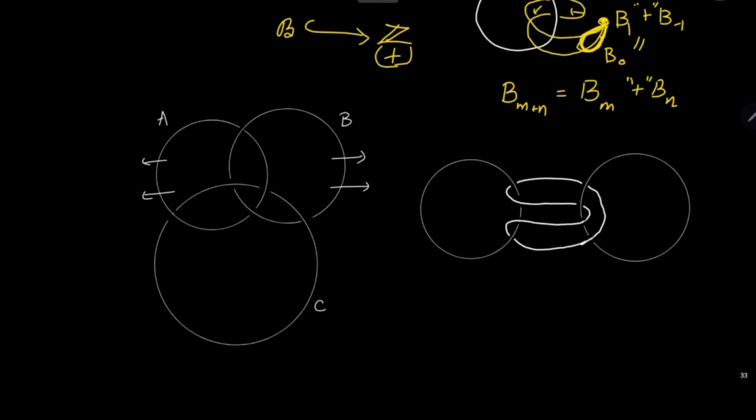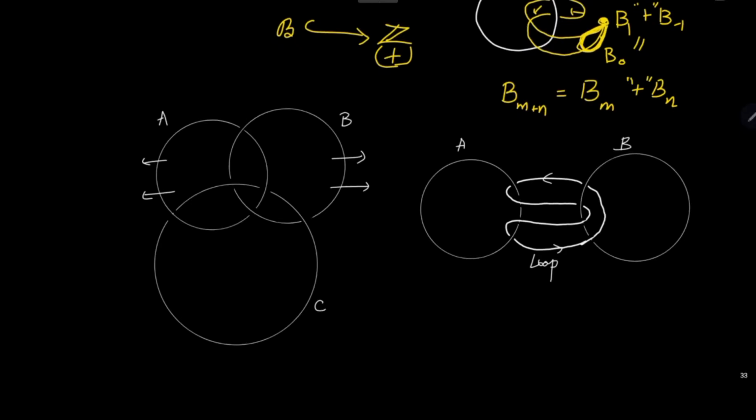So this is some kind of a double loop of a circle. Here we have two circles and there is one loop going around them, and you can repeat the number of times this crossing happens. So that is another thing.